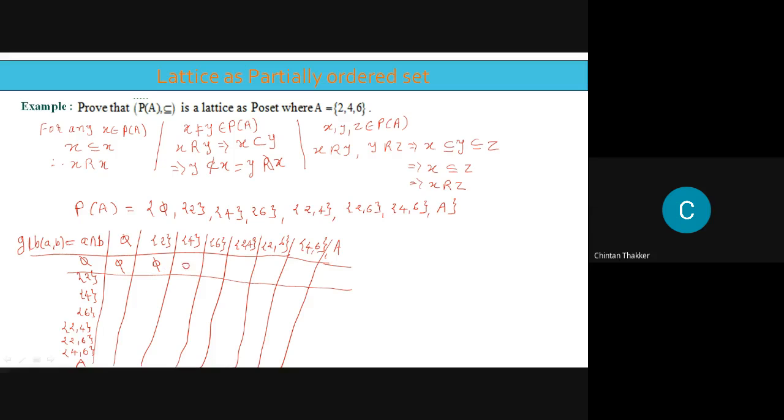Intersection with phi of any set is always phi because phi does not contain any element.